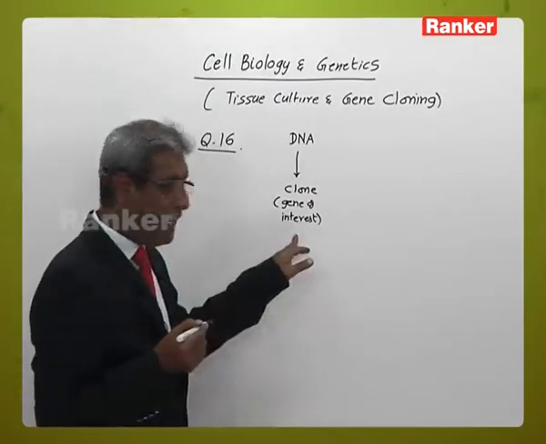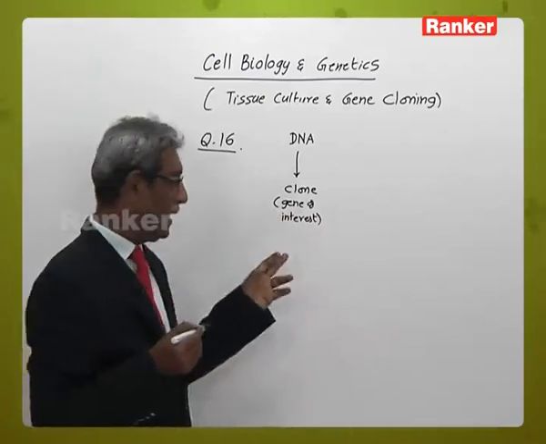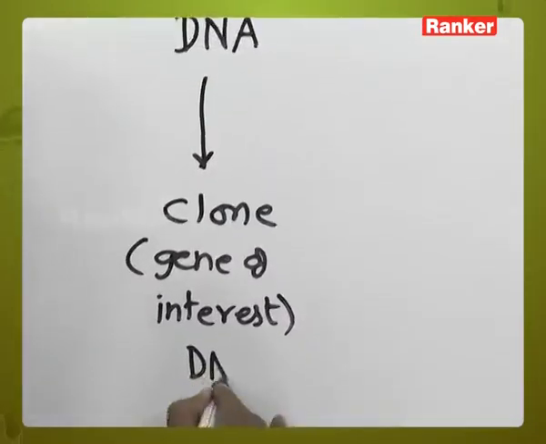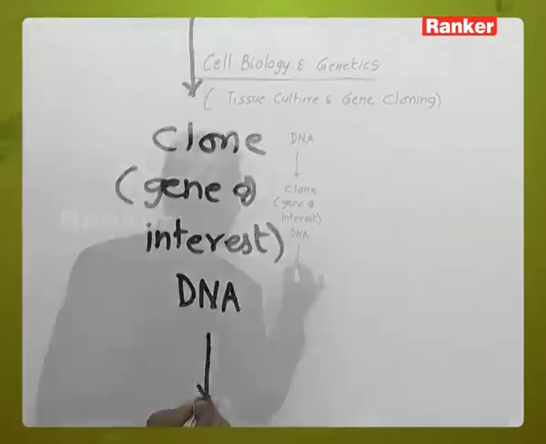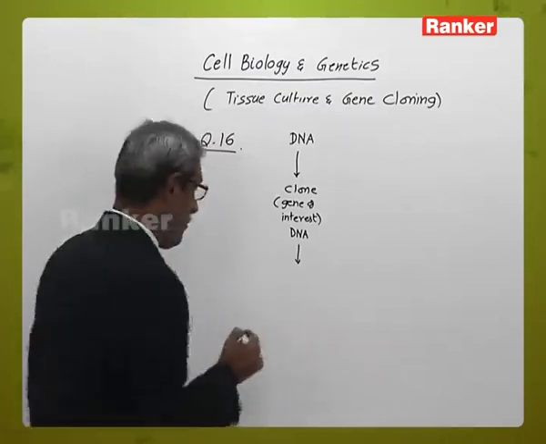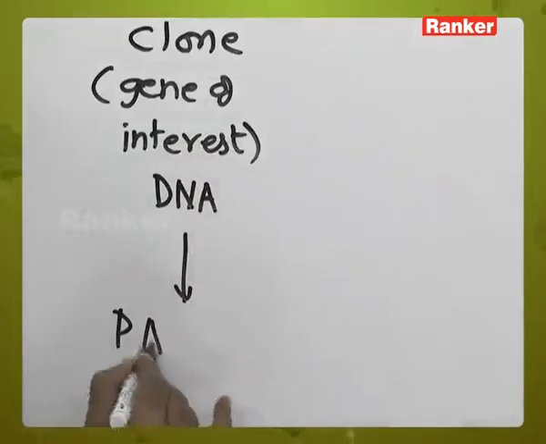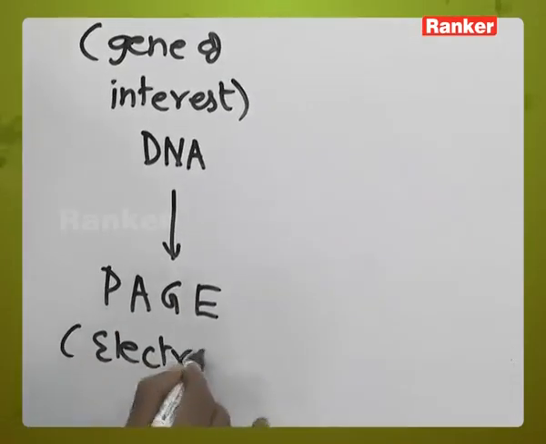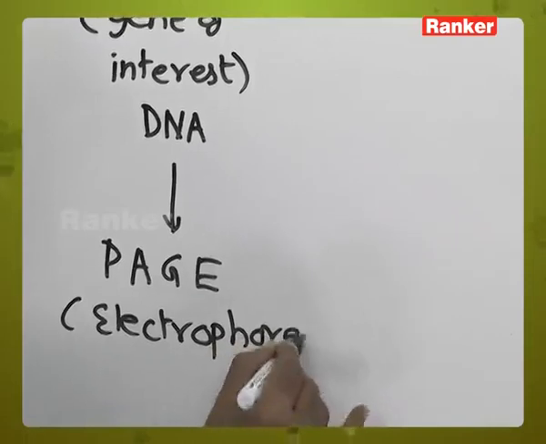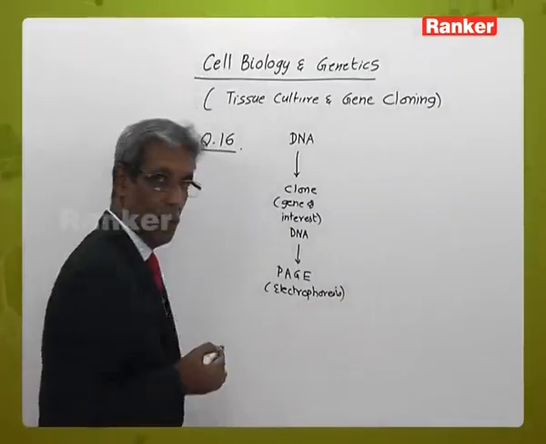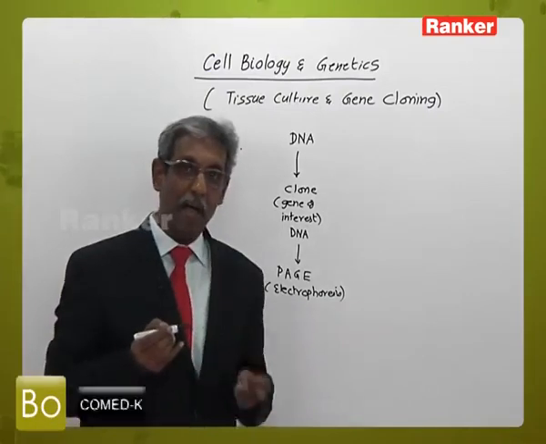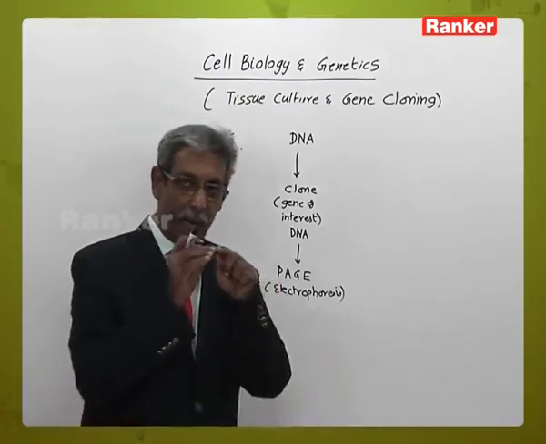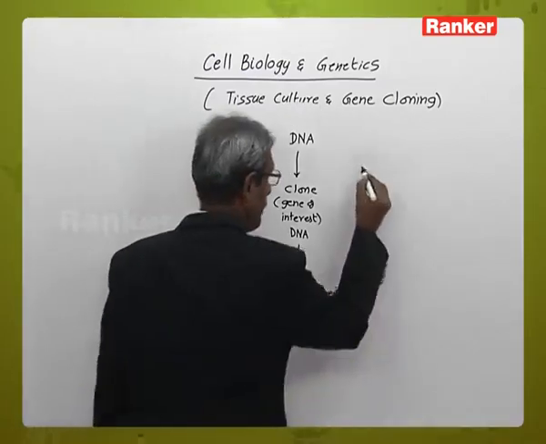Now, to identify or transfer this DNA, we load this DNA fragment into an electrophoretic system, which is polyacrylamide gel electrophoresis. So, this is a method of electrophoresis. The DNA molecule, because it has plus and minus charges, when subjected to electrophoresis, will migrate in the form of bands.